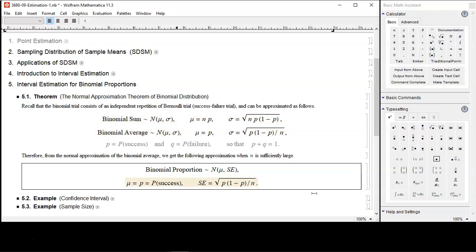The summary version. The binomial proportion can be approximated through the normal approximation centered at the expected value mu, which is the same as p. And then the standard error is square root of p(1 minus p) over n.